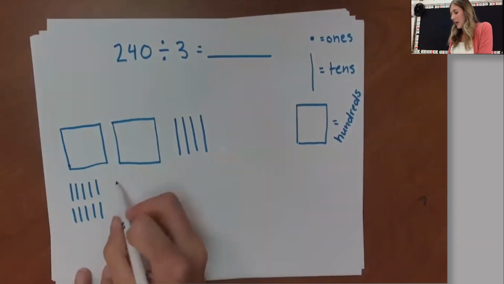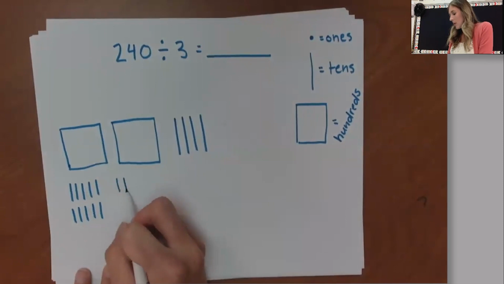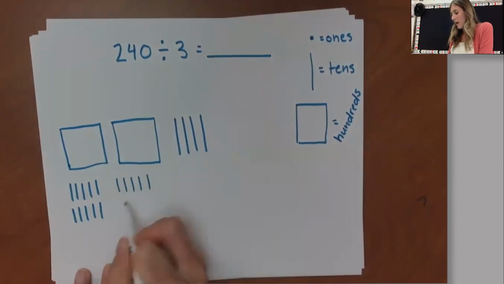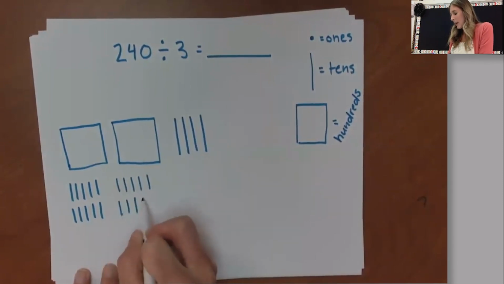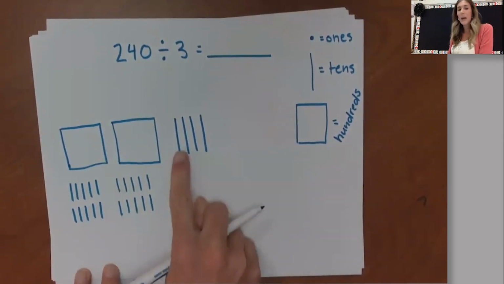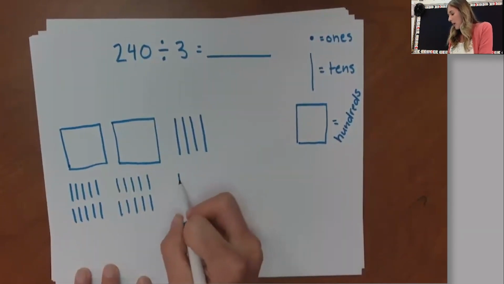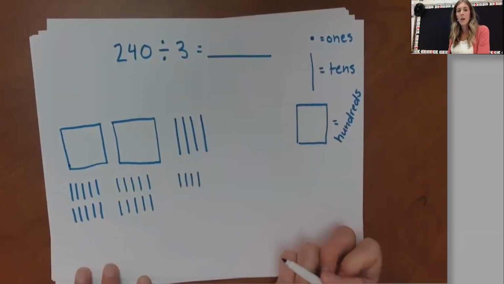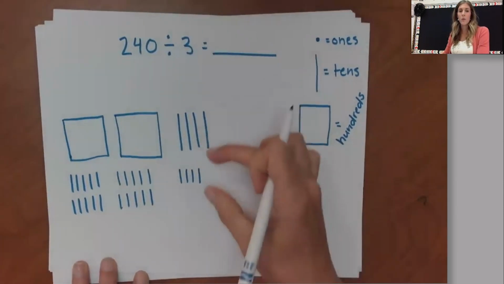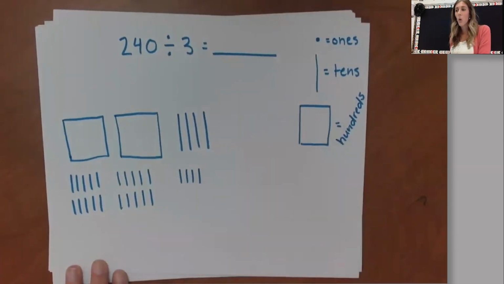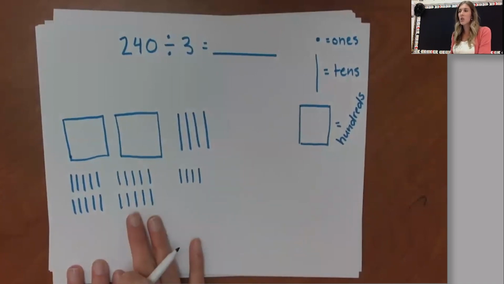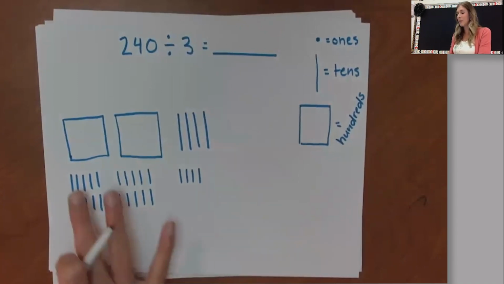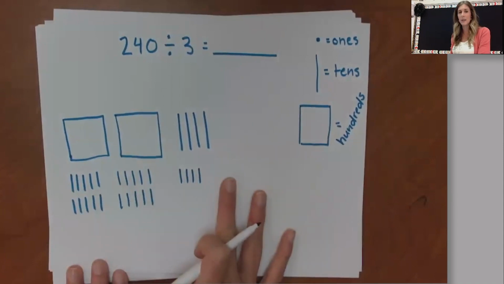Let me draw my second 100. 1, 2, 3, 4, 5, 6, 7, 8, 9, 10. And we can't forget about our 4 tens that we had over here. So we just drew 240 differently, but it's worth the same amount. This drawing shows 240 renamed as 24 tens.